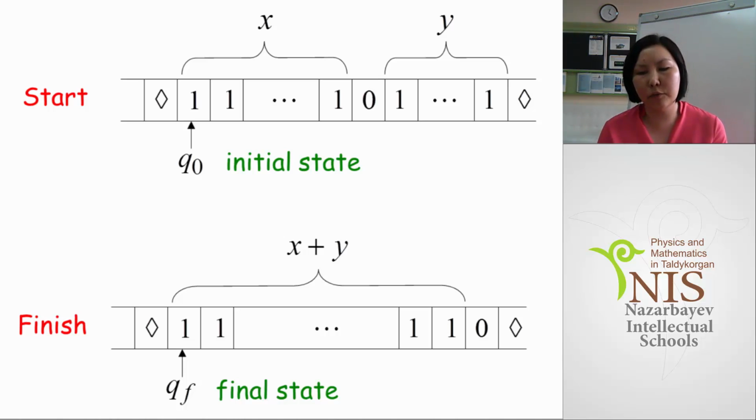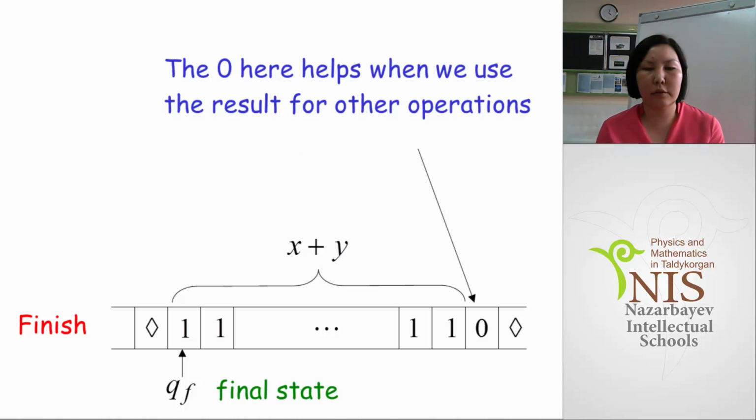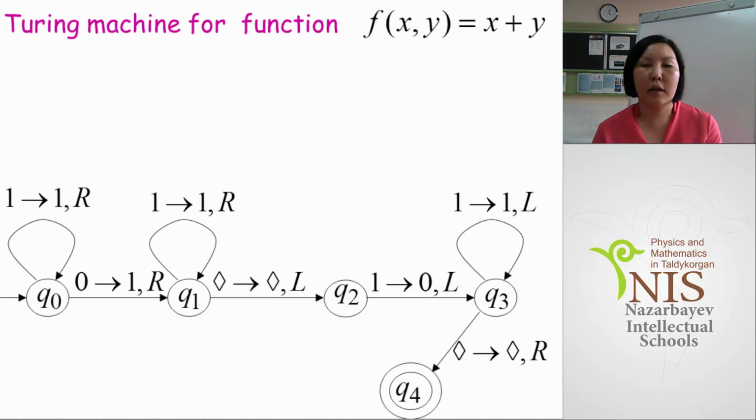And at the end, we will see 0. The 0 here helps when we use the result for other operations. And in order to make it easier for you, here is the given action diagram for all operations.